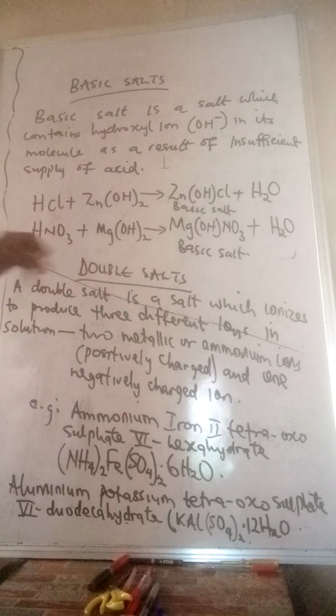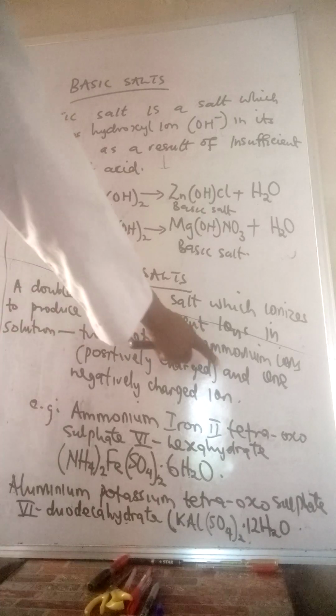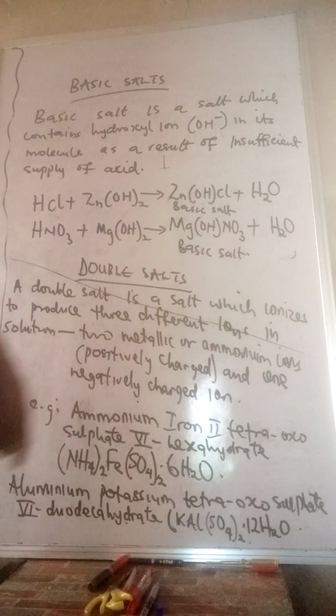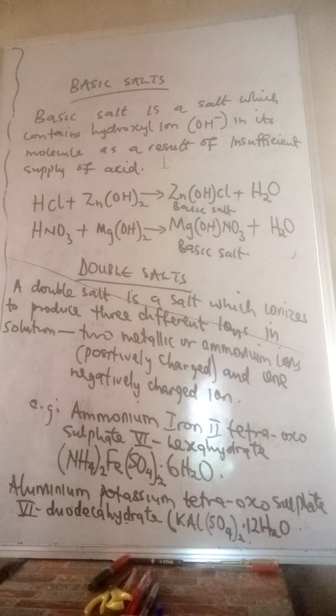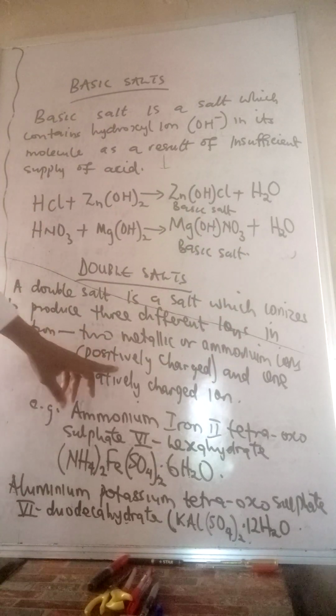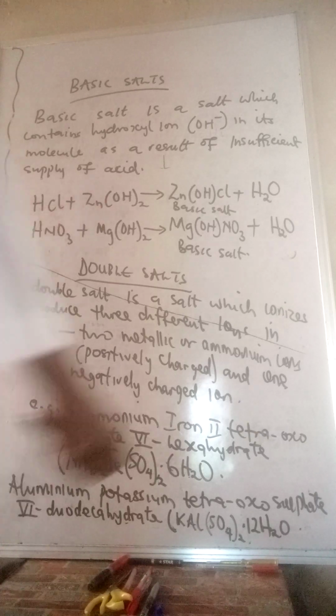These three different ions will contain two metallic ions, or two ammonium ions, or one metallic and one ammonium ion. But there must be two positively charged ions. Take note of that. There must be two positively charged ions and one negatively charged ion.